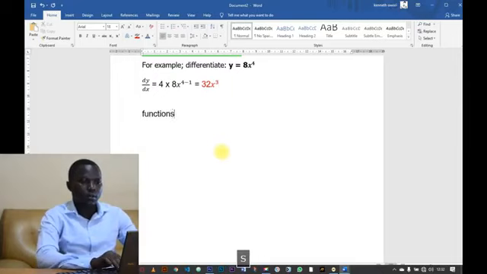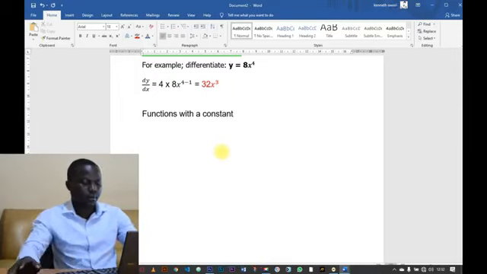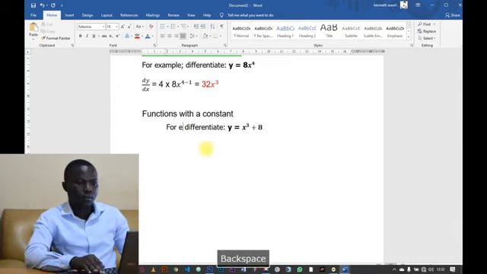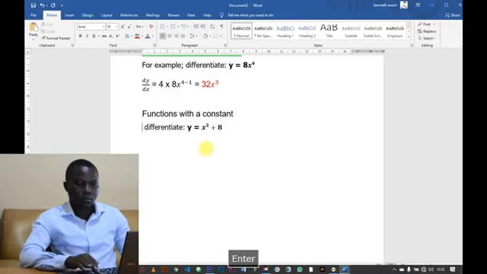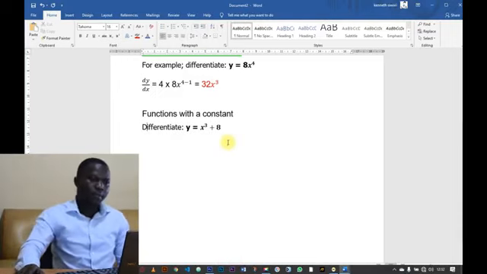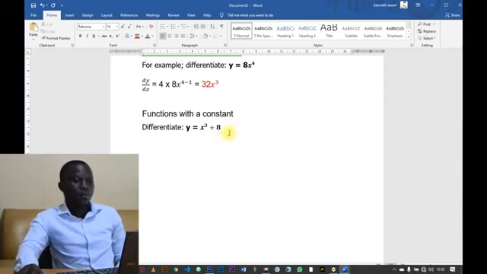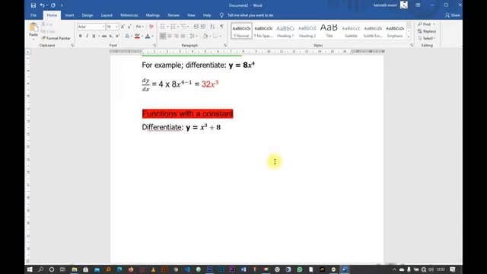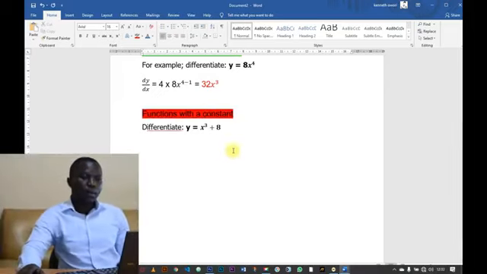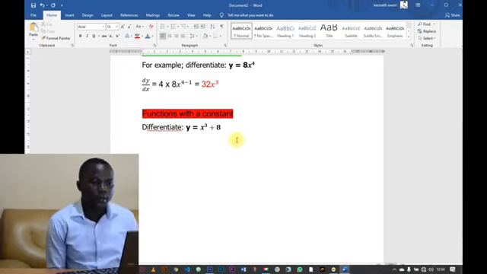So functions with a constant. Our function is y equals x power 3 plus 8. We want to differentiate an expression having a constant.